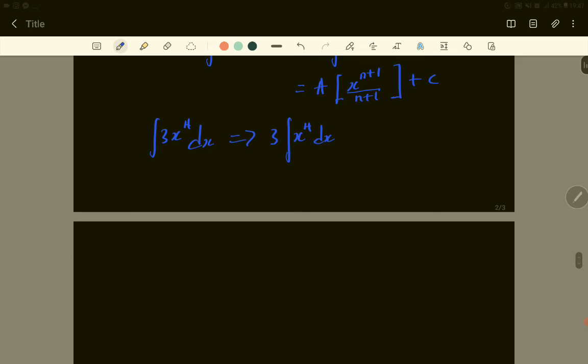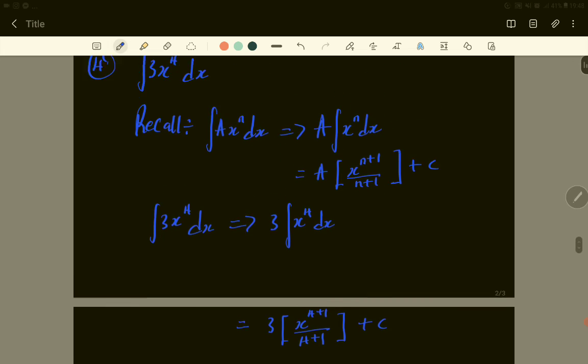And from here I can have this as 3 in brackets x to the power of 4 plus 1 divided by 4 plus 1 plus c, and this is going to give me 3 divided by 5 x to the power of 5 plus c.